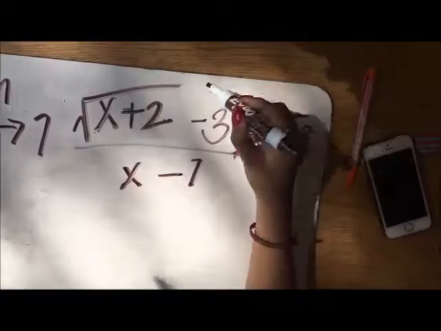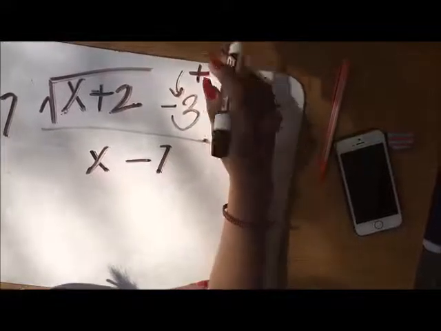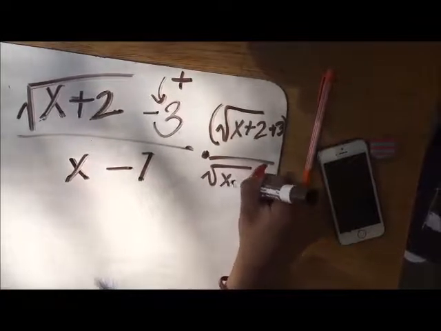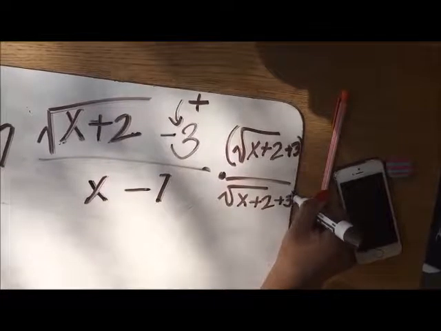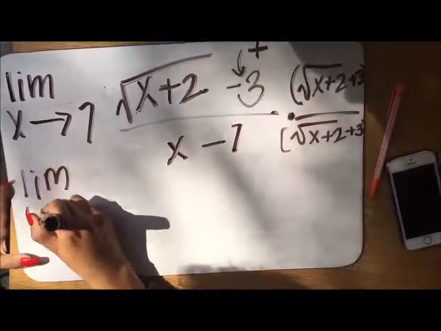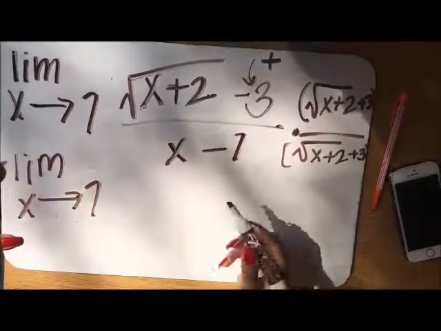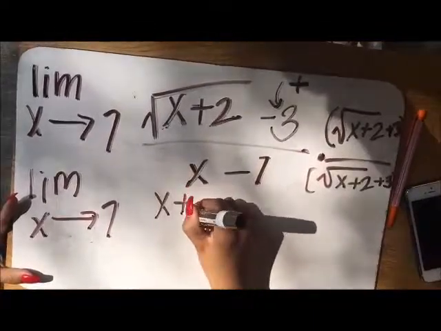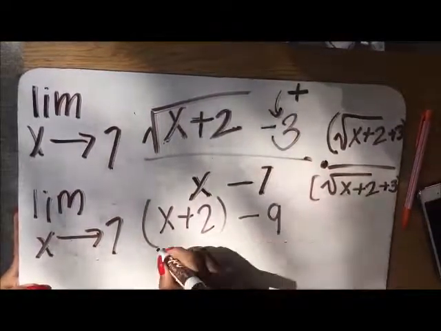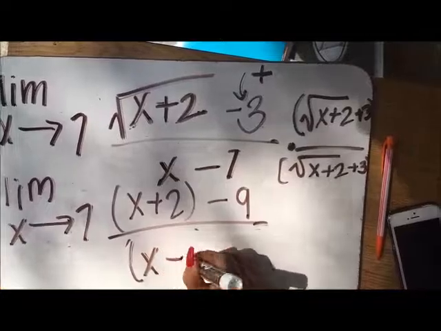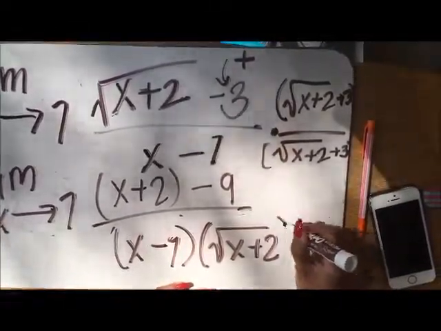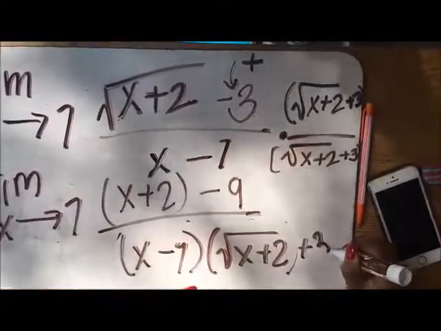When multiplying by the conjugate, your sign needs to change. So then it's going to be x plus 2 times negative 9 over x minus 7 times radical x plus 2 plus 3.